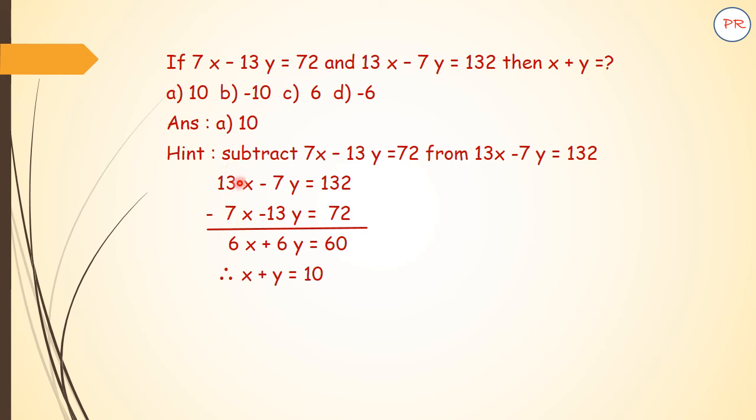This will become 13 minus 7, that is 6x, and minus 7 minus of minus 13, that is plus 13, will become plus 6y. So we get 6x plus 6y is equal to 132 minus 72, that is 60. Dividing both sides by 6, we will get x plus y is equal to 10.